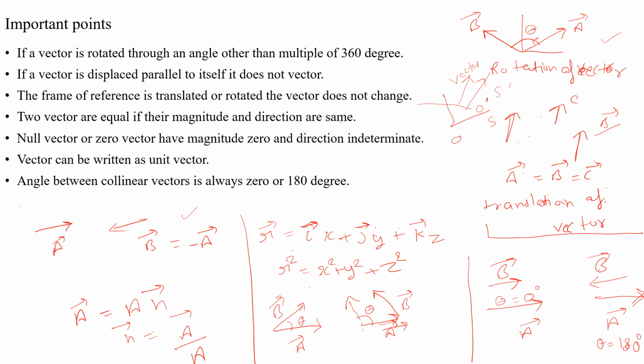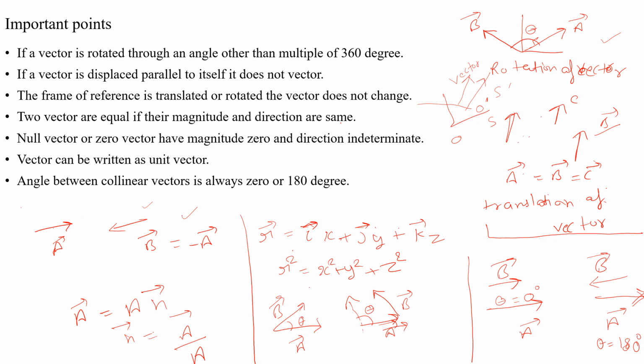Here we see a vector and b vector. These are in opposite directions. Next, a null vector or zero vector is defined as a vector whose magnitude is zero and direction indeterminate.